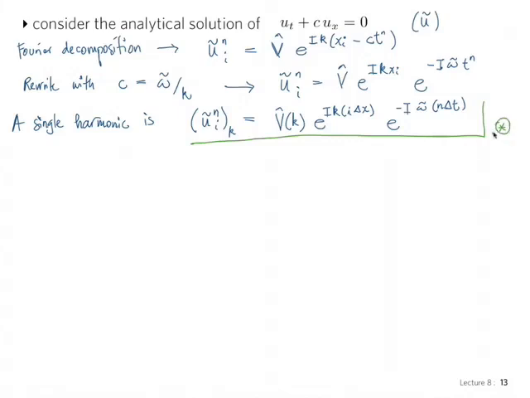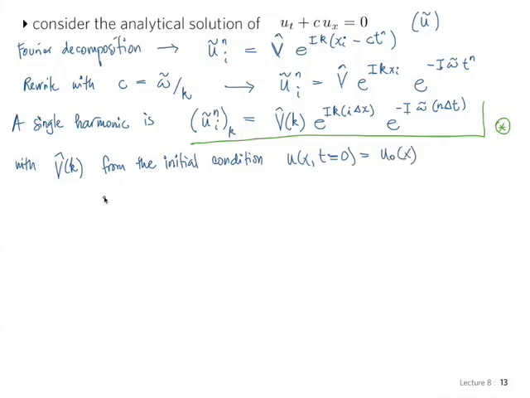I'm going to make reference to this in a little moment, so I'm going to call it star. And here, this amplitude is obtained from the Fourier decomposition of the initial condition. So let's consider the initial condition, u at time 0, equal to just u0 of x.